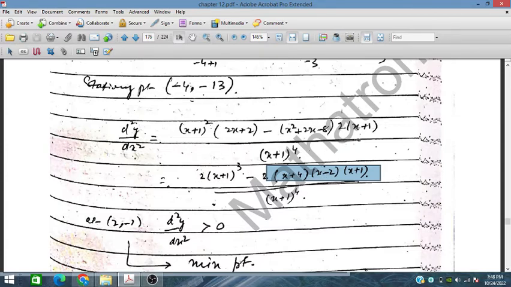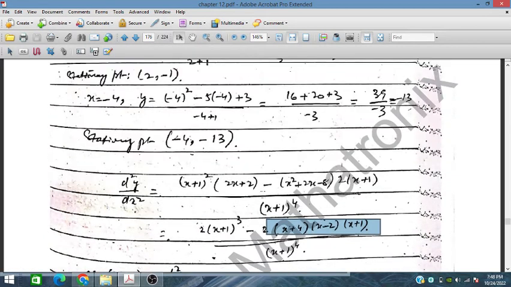So d squared y by dx squared is positive, meaning at 2 comma minus 1 it is greater than 0, so this point is a minimum point. Let's check the other stationary point, minus 4 and minus 13.